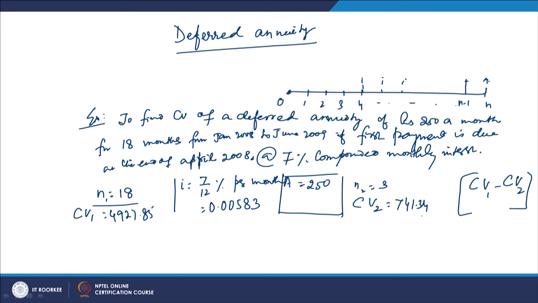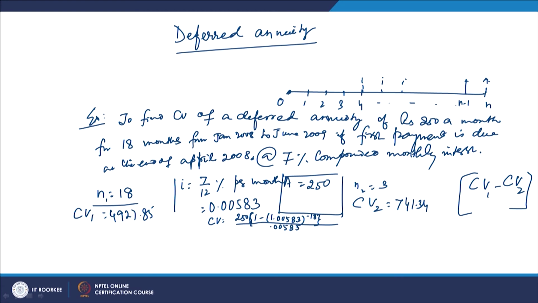So, CV will be 250 into 1 minus 1.00583 raised to the power minus 18, divided by r, which is 0.00583.